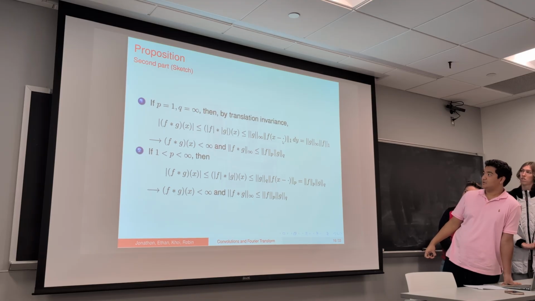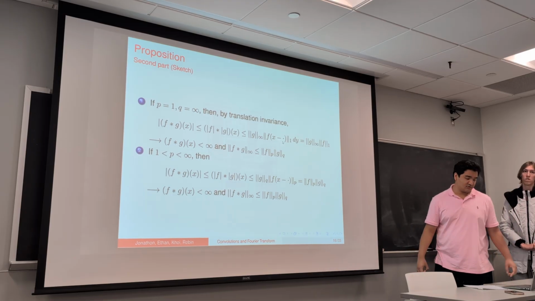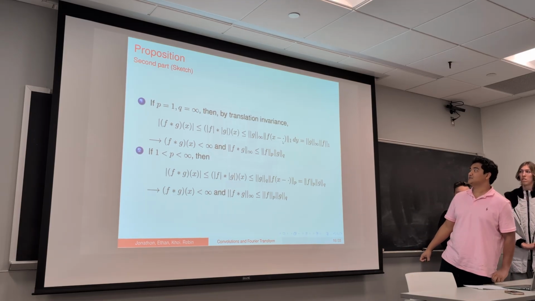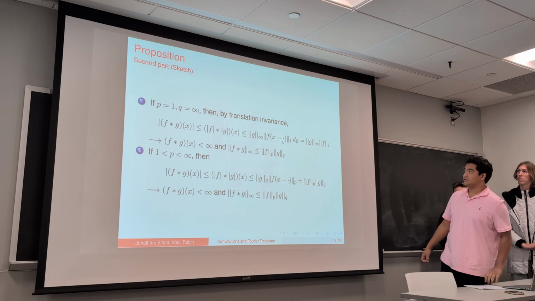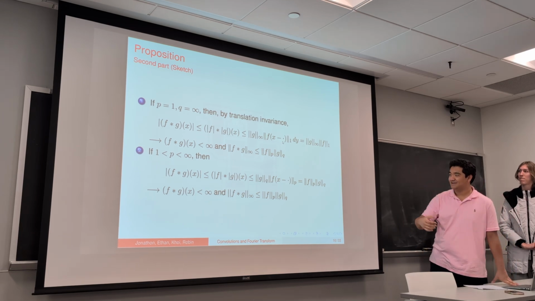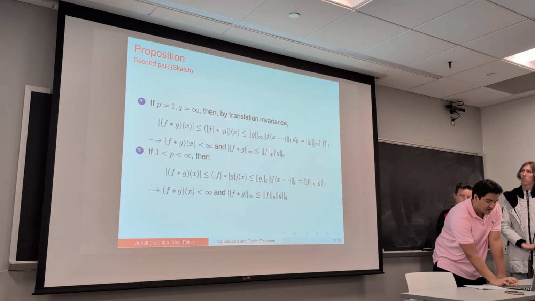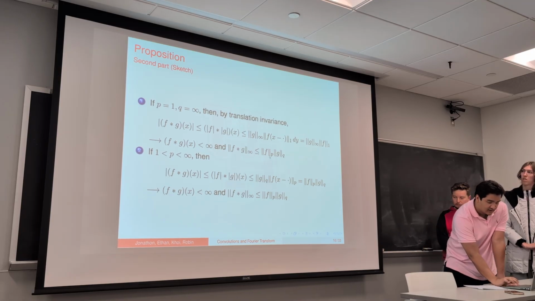I don't know why it says dy. I think there was supposed to be an integral there. And this is equal to the infinity norm of g times the norm of f. Oh yeah, I see, there's supposed to be an integral there. So this is what we just showed for p equals 1 and q equals infinity.